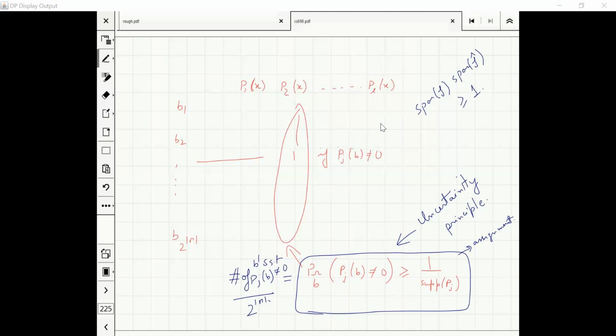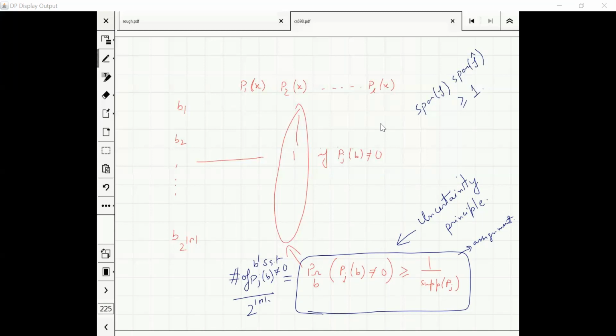Why is it called the uncertainty principle, by the way? It matches Heisenberg's principle. What I am saying here is in the Boolean hypercube. If you look at it in the real and complex domain, it is actually an interpretation of Heisenberg's uncertainty principle.